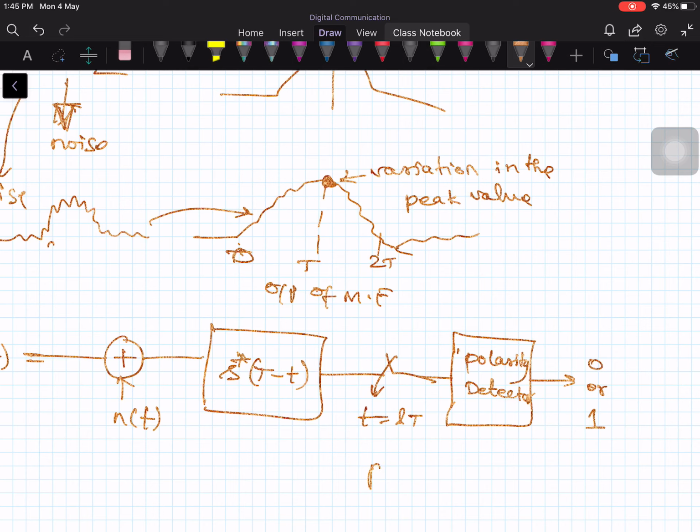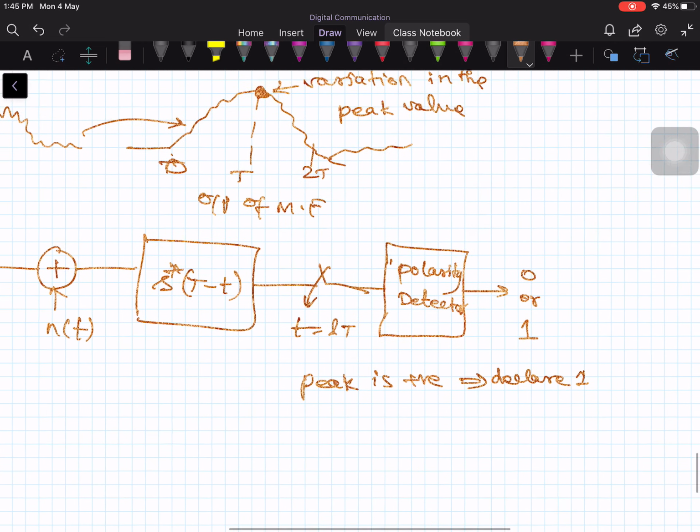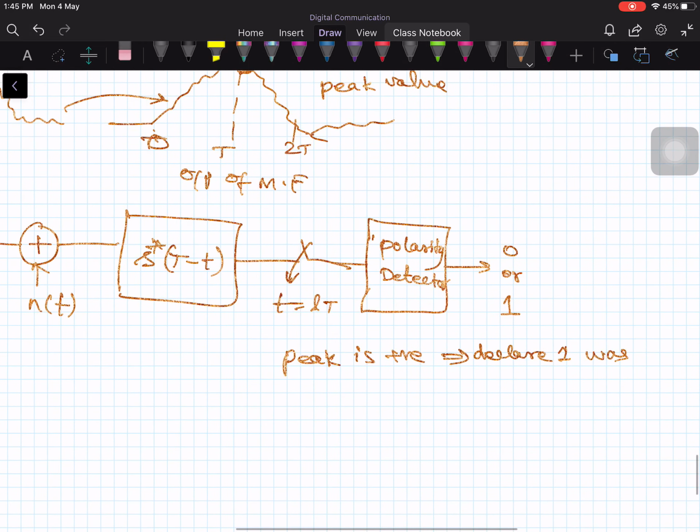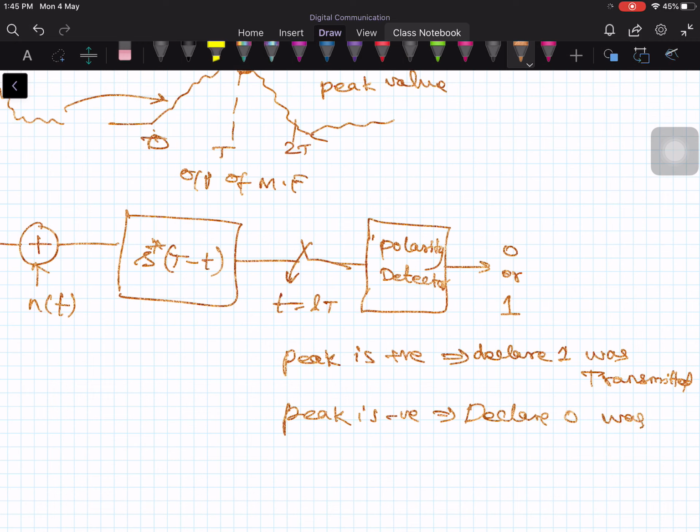Suppose the peak is positive, then declare 1 was transmitted. And if the peak is negative, declare 0 was transmitted.